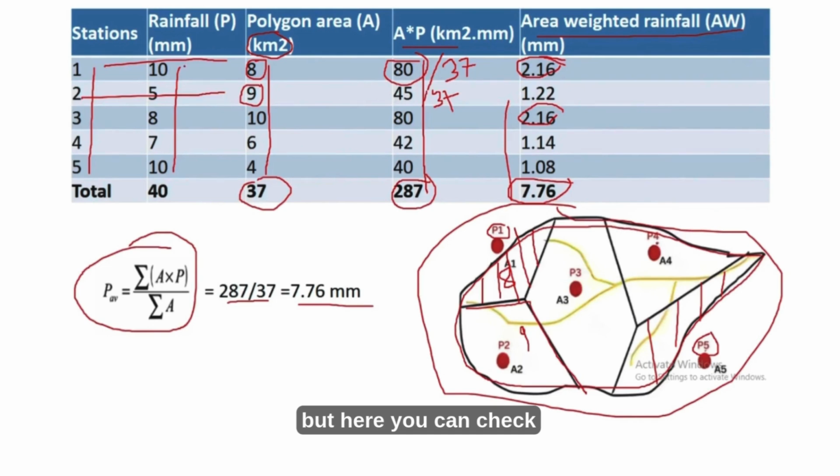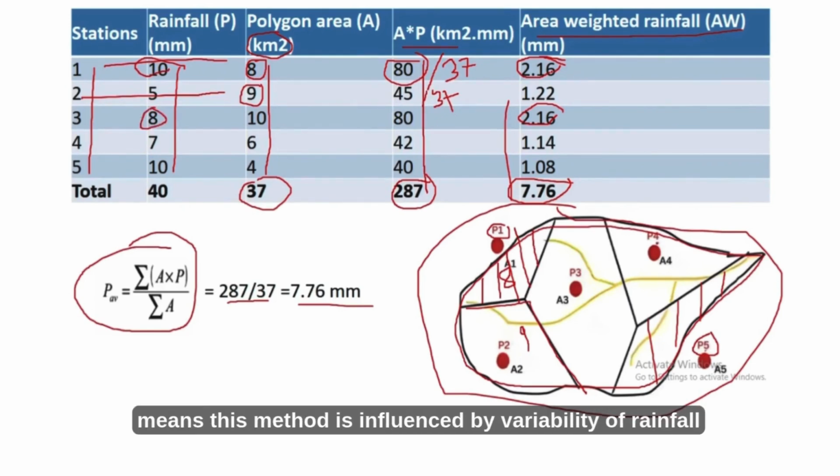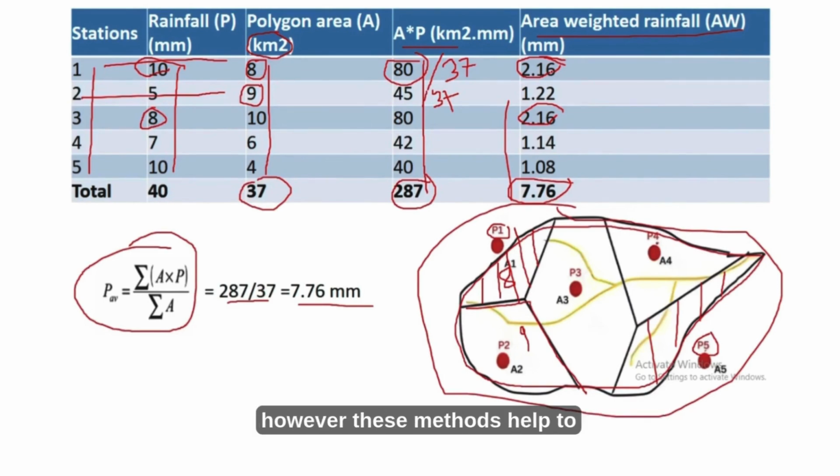But here you can check the rainfall of station 1 is 10, that means greater than station 3, but the area is the same. That means this method is influenced by variability of rainfall. However, this method helps to reduce the effects of variability as compared to the arithmetic mean method.